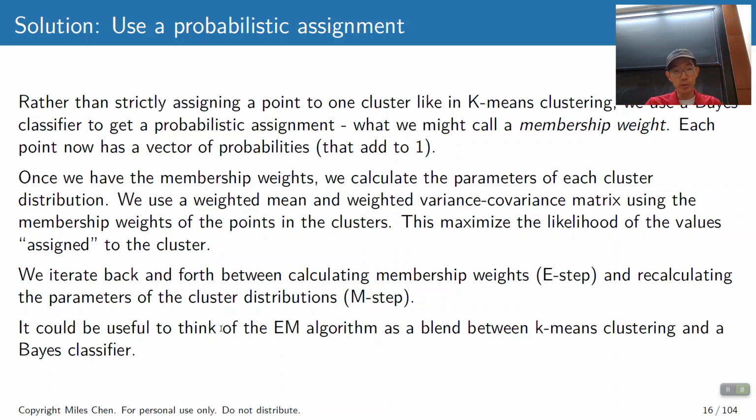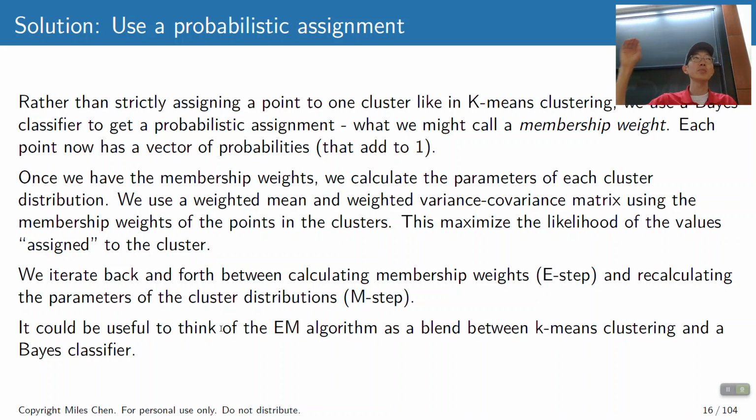So I wrote, rather than strictly assigning a point to one cluster like we do in k-means clustering, we are going to do a probabilistic assignment, and we do that using the Bayes classifier. Hopefully we remember the Bayes classifier, and when we do that, we get a membership weight. So you did your homework with the Bayes classifier, I guess the naive Bayes classifier, but same idea.